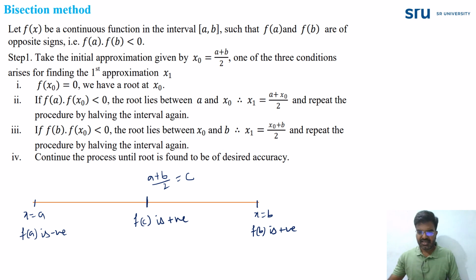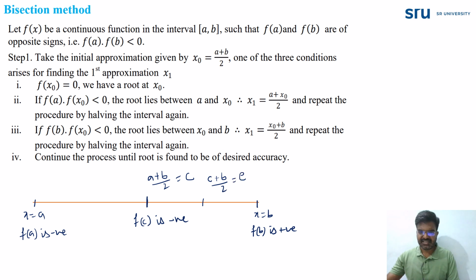Or there is another possibility. Suppose at c the function is negative and at b the function is positive, meaning at c and b the function has different signs. So the root of the function lies between c and b. Then we consider the midpoint of c and b, which is c plus b by 2.